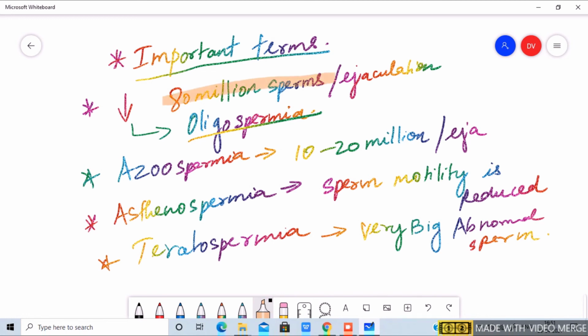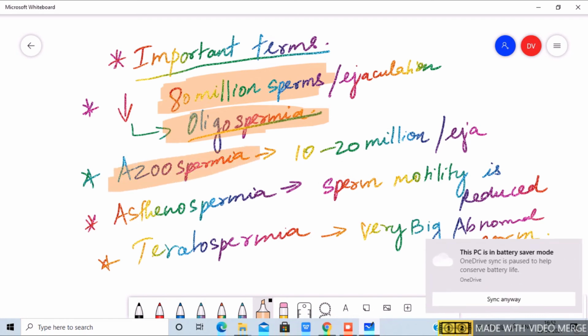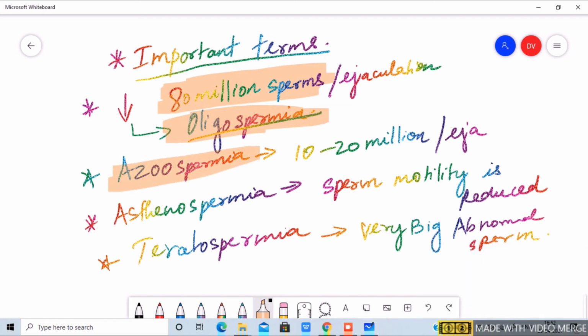When that is reduced, when there is 80 million sperms per ejaculation, you call that condition oligospermia. Oligo means less, spermia. So this is one condition. And azoospermia, this terminology refers to when there is only 10 to 20 million sperms per ejaculation.